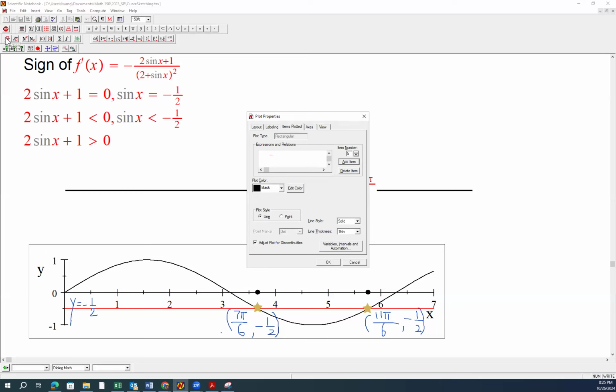Negative 3/4 is less than negative half.